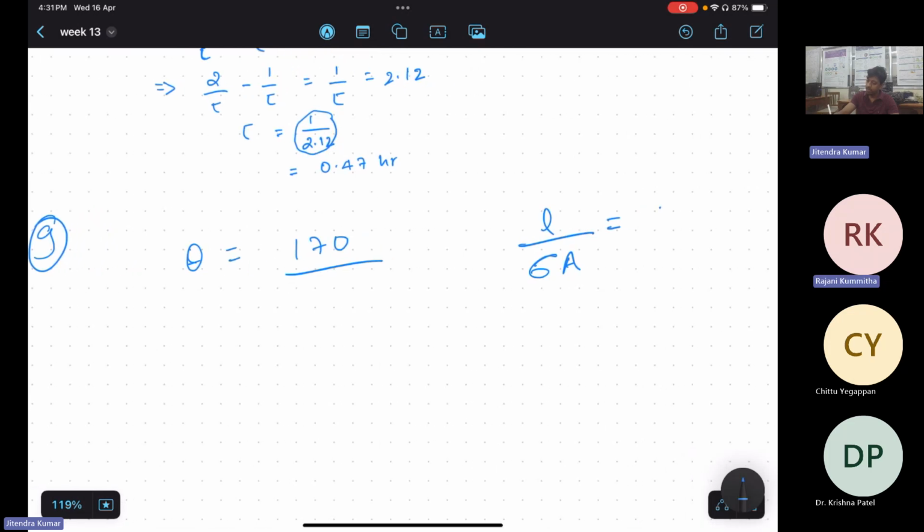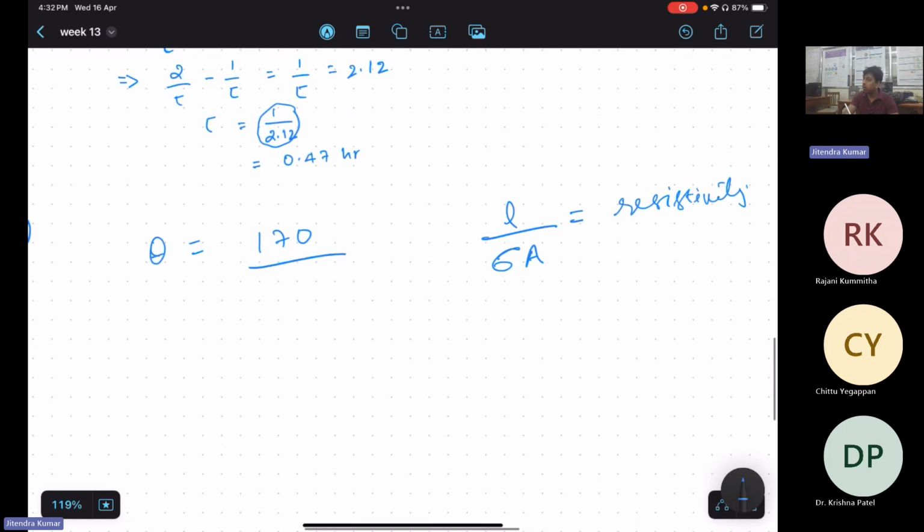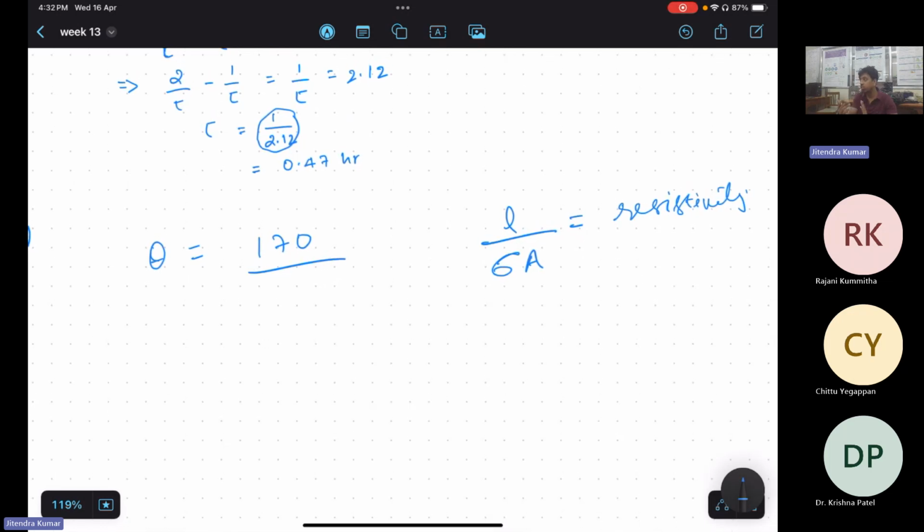Resistivity also, so R equals L by sigma into A. Similarly here, it is the power that is being lost divided by emissivity. If you just take care of the unit only, then you will be able to get it. Units are all given in SI only, no sir? Yes, so that's why SI units are there.